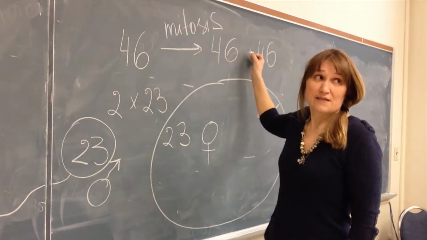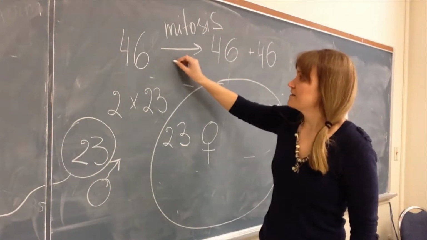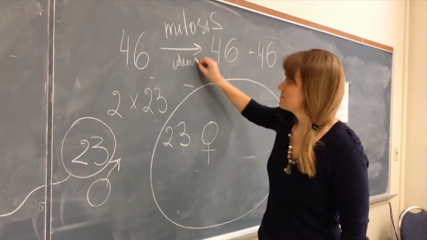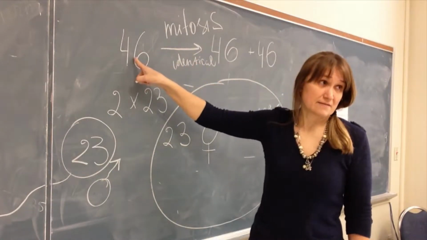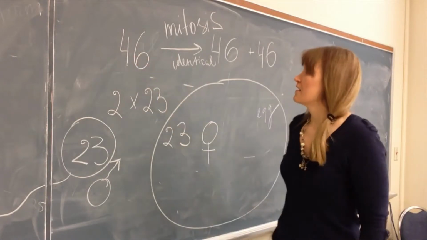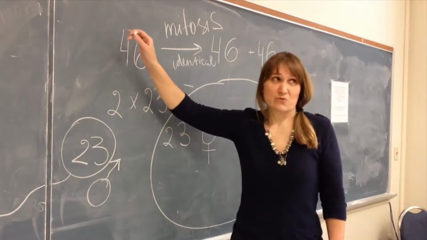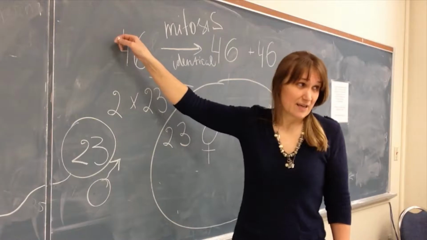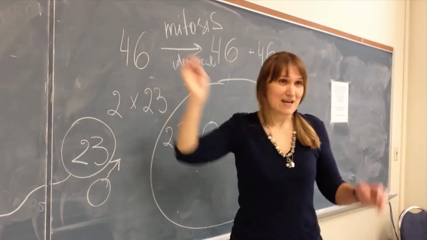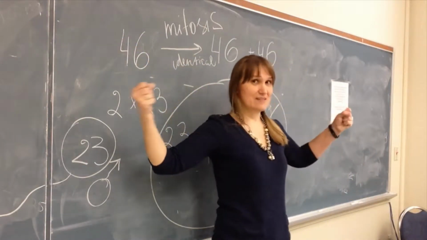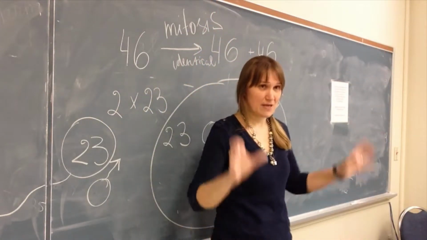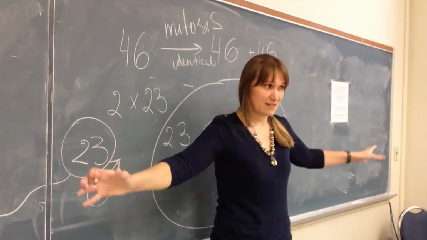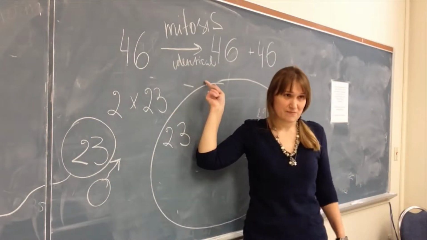Daughter cells in this case are identical to mother cell. So DNA will get replicated, just the way we studied. Two DNA strands are pulled apart, complementary strands are being built, then everything separates, you get two cells.